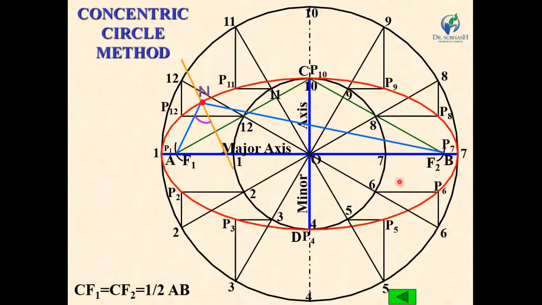Now bisect this angle F1 N F2. This bisector is the normal of the ellipse, and the line perpendicular to the normal is known as the tangent. This is the tangent.